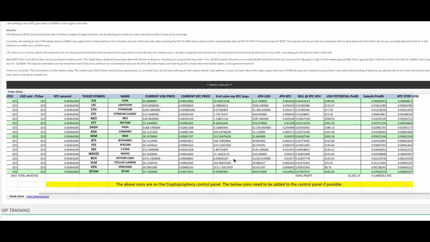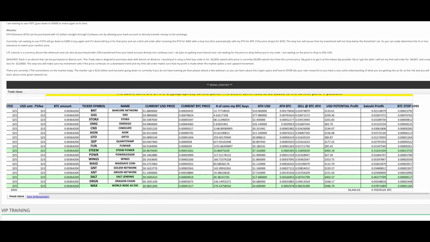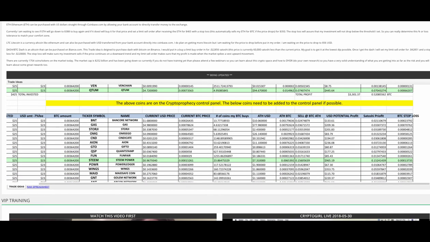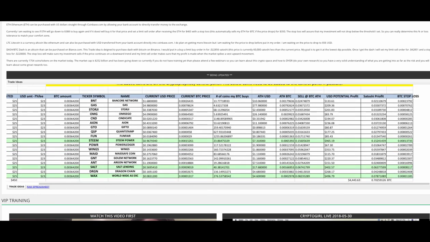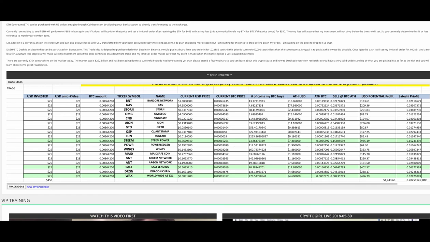And then when I was doing my research, there are some other coins that I really am a fan of, and they're just not in the control panel yet, but I still wanted you guys to be able to take advantage of these. You wouldn't be able to pull these coins up on the control panel, but I've asked the programmer, we call him Gregbot because he's amazing, to add these to the coin list.